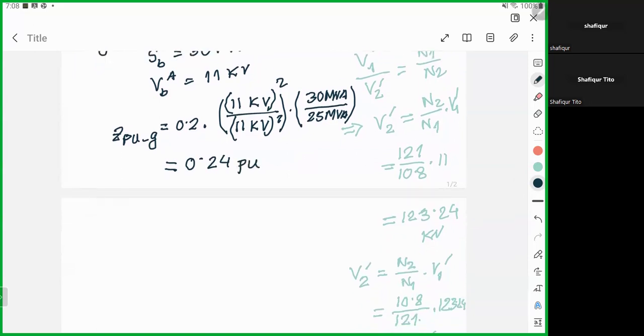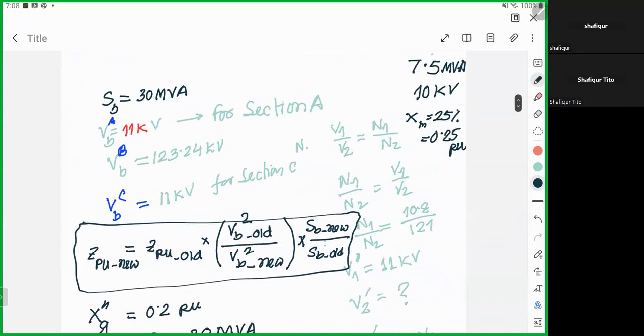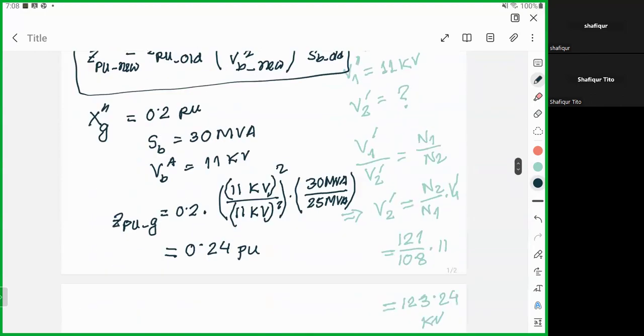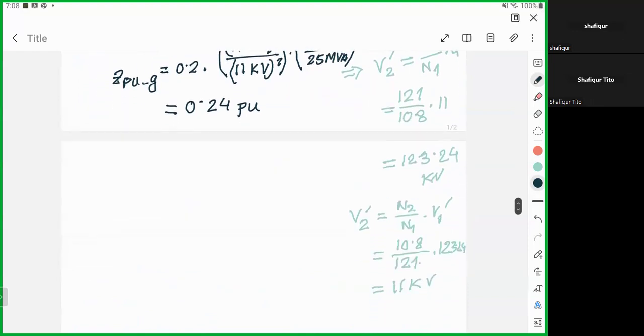So similarly, we will do it for the transformer, and transformer is 0.1.